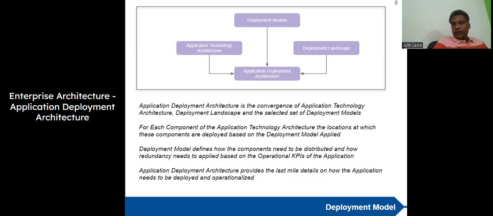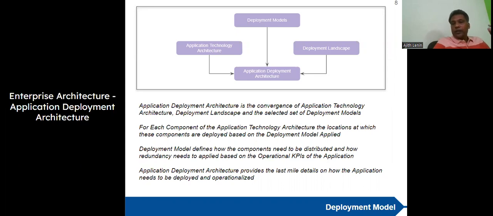For each component, the application deployment architecture defines the location at which these components are to be deployed and how they are going to be deployed, applying the deployment model. So a deployment model is basically a similar reference model for deployment. It gives us the how, based on the operational KPIs.